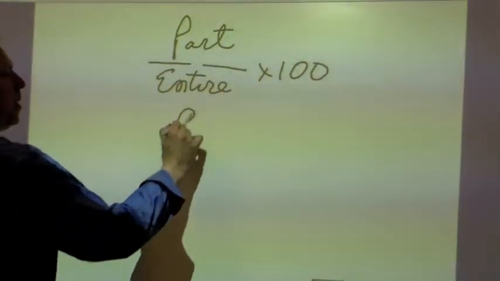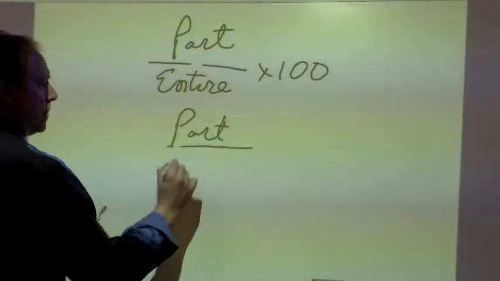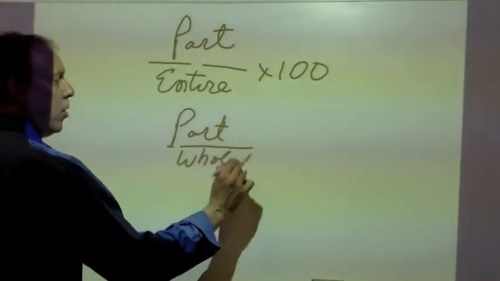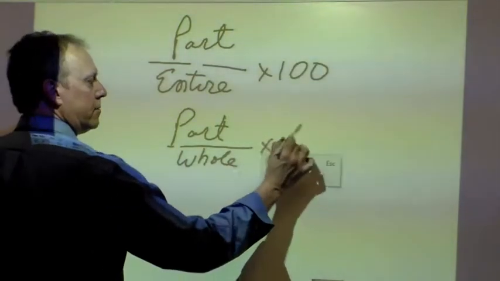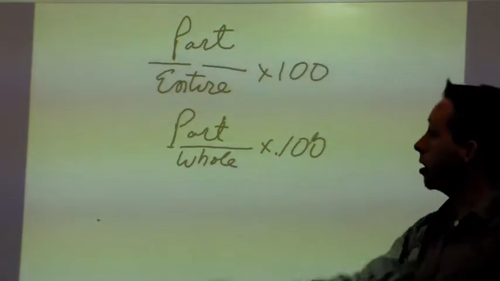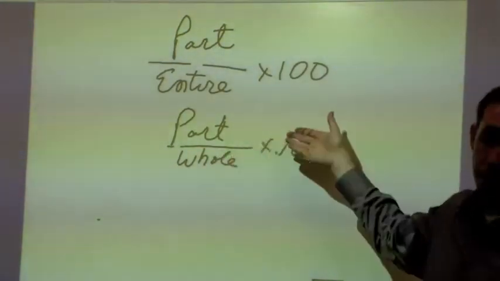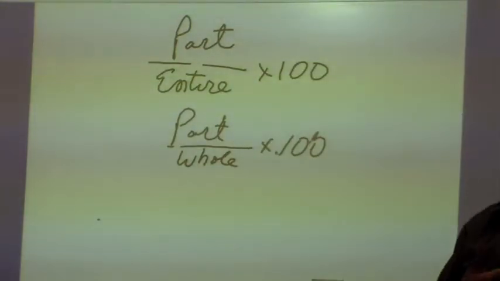Or the part divided by the whole times 100. It's the same exact logic as saying the number of questions you got right divided by the total number of questions on a test times 100. That's how you get your score. That's how you grade this. Exact same logic.